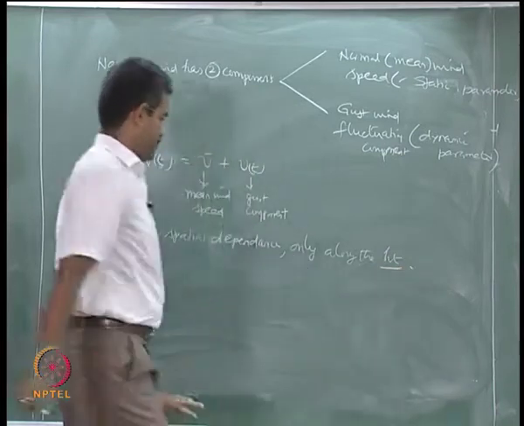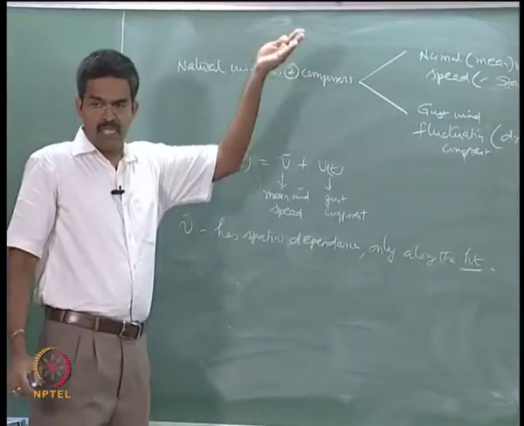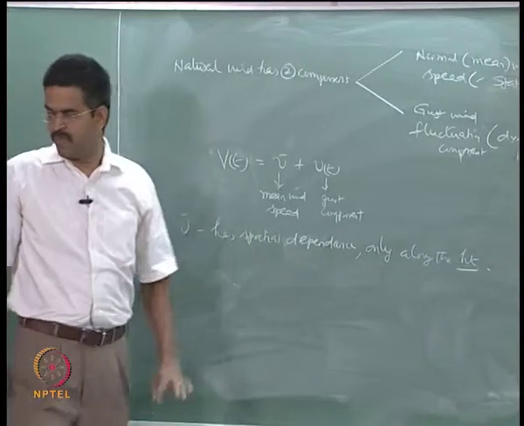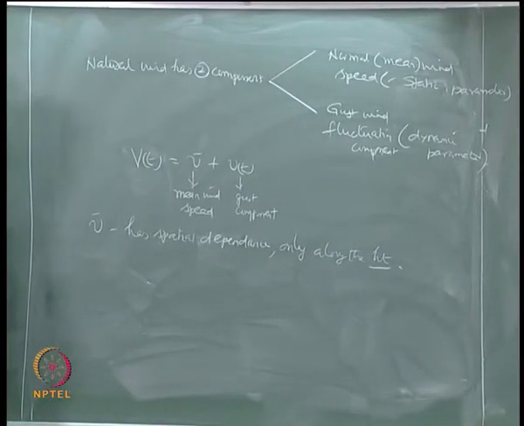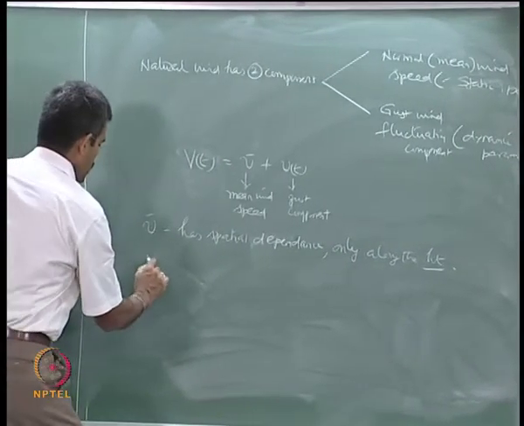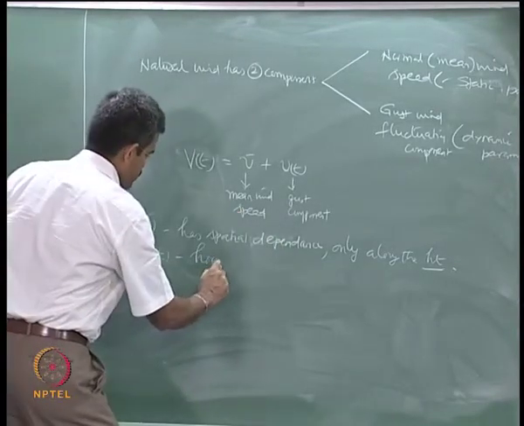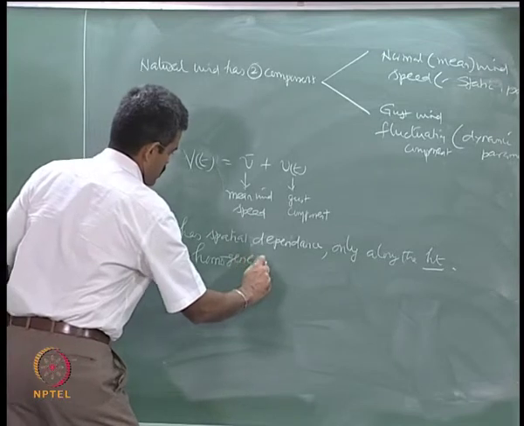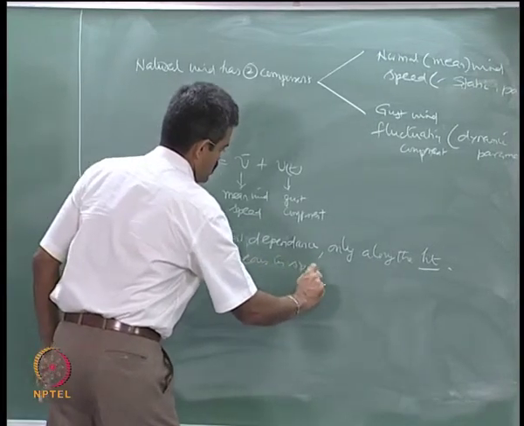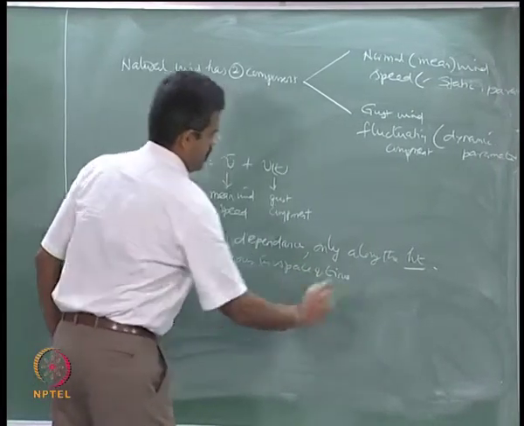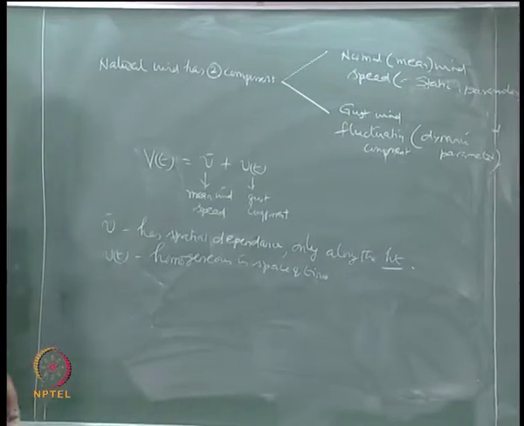This is very important. It varies along the z axis only. Whereas V of t, the gust component, is homogeneous with respect to space and time. It varies, but homogeneous.